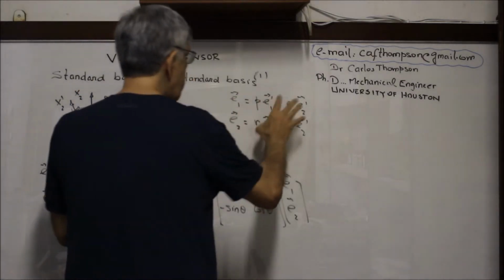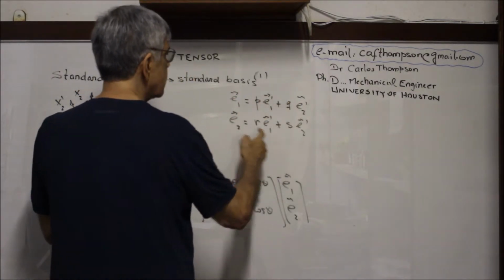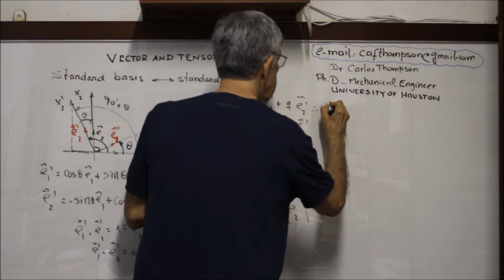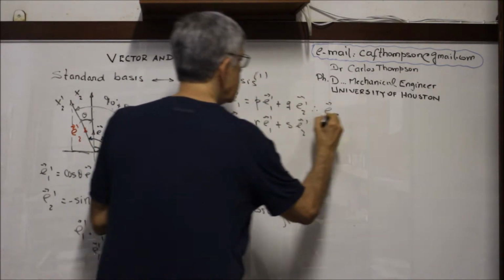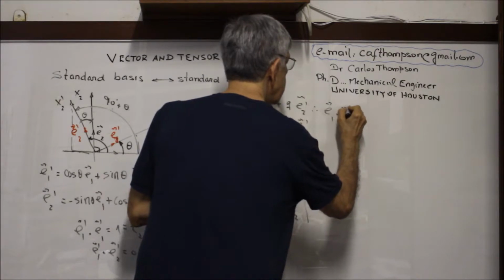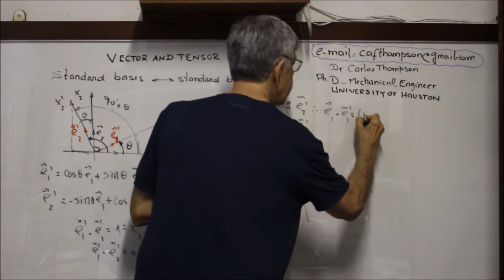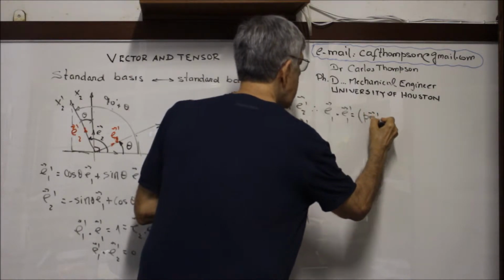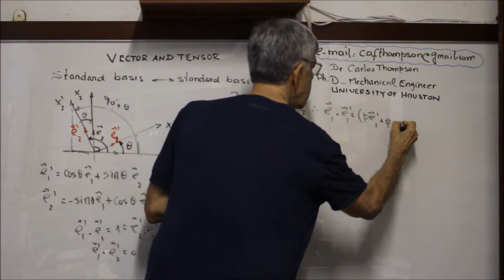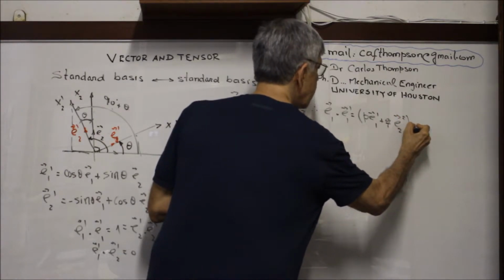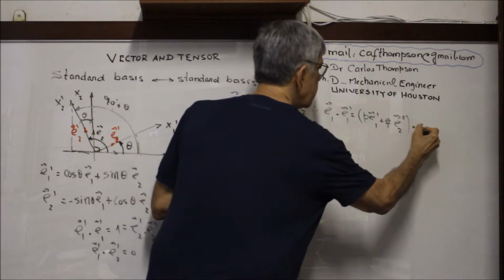I want P, Q, R, and S. So here, E1 dot E1 prime is equal to P E1 prime plus Q E2 prime dot E1 prime.